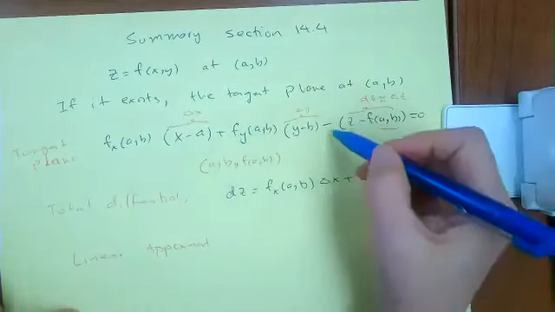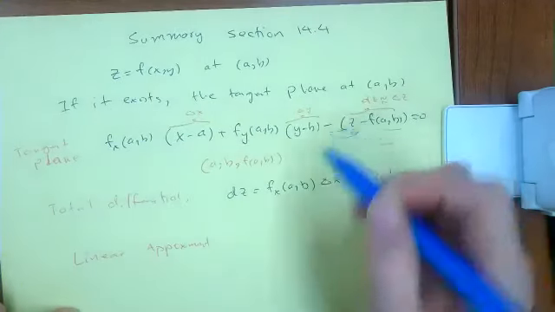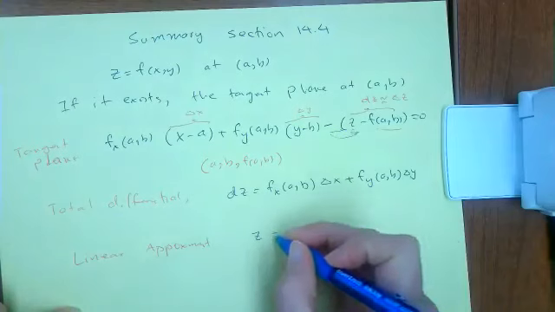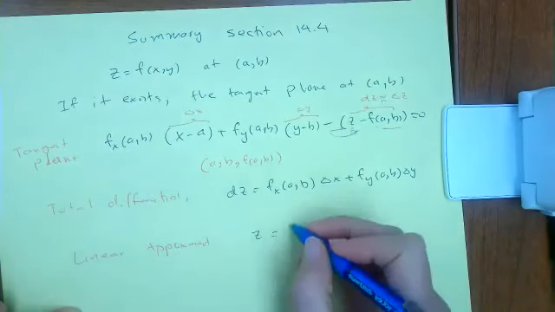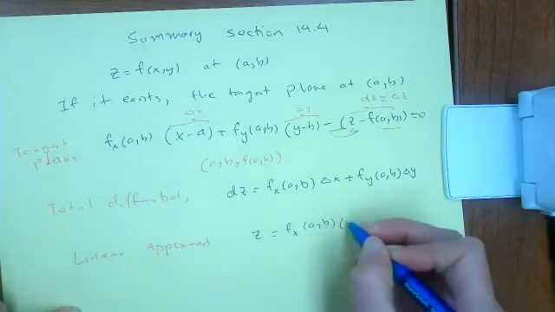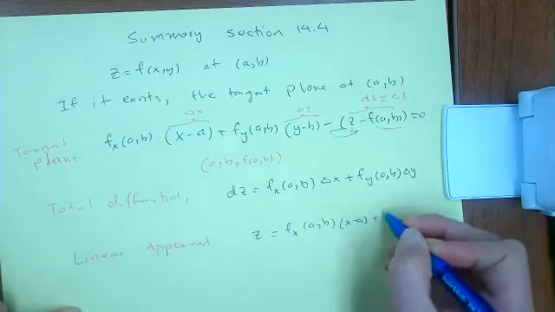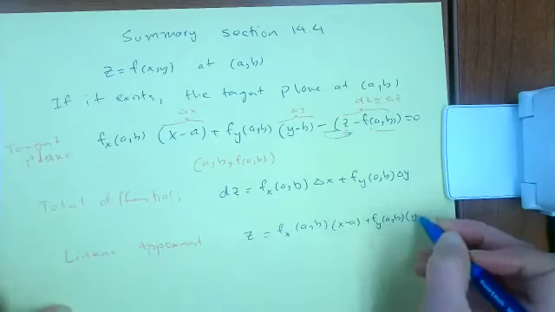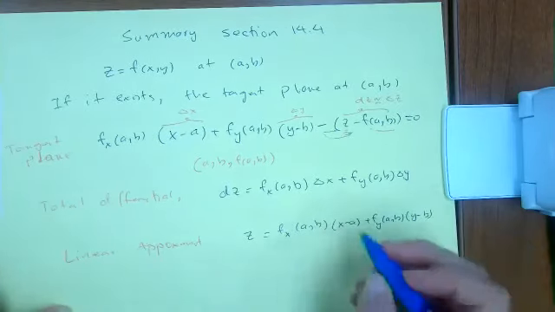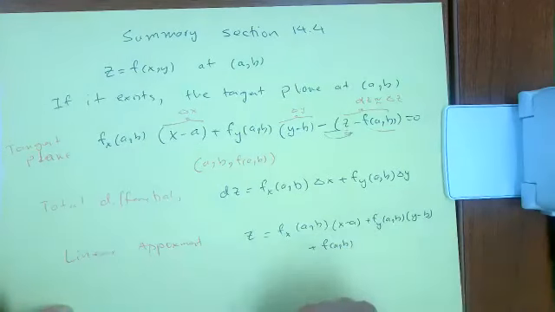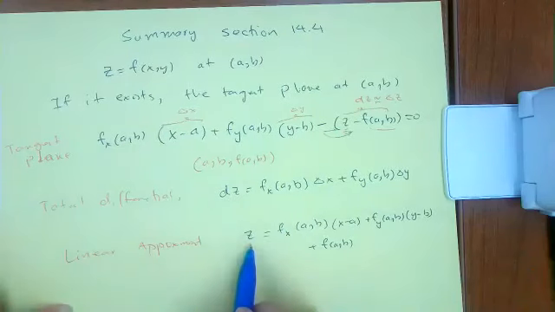I have to solve for that z. Solving for that z, I distribute that negative sign, and z comes out as a positive on the other side, and I will get f sub x at A and B times x minus A plus f sub y at A and B times y minus b, and plus that f of A and B. This is the linear approximation.